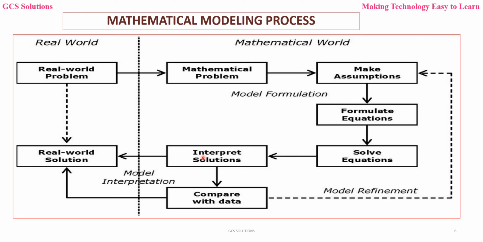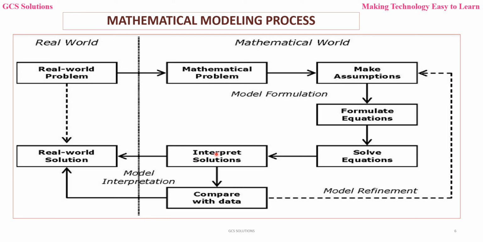Because whatever solution we got through mathematical modeling, is it matching the real world solution? If the answer is yes, your process stops. That means you started with the real world problem, you converted it into a mathematical problem, you made some assumptions, you formulated the equations for those assumptions, you solved the equation, you got the solution, you interpreted it, and that interpretation is correct as per your real world solution.